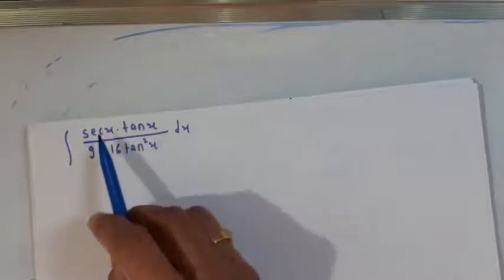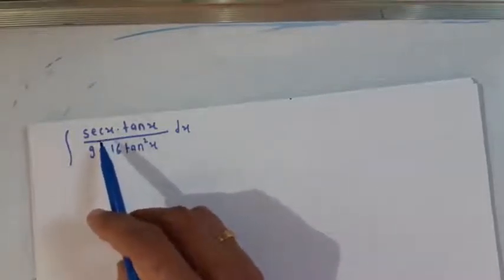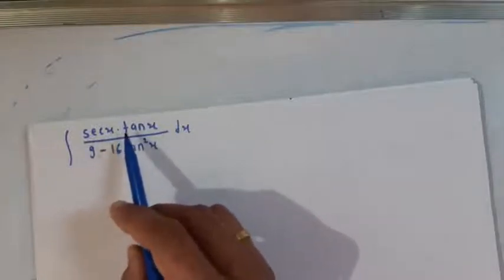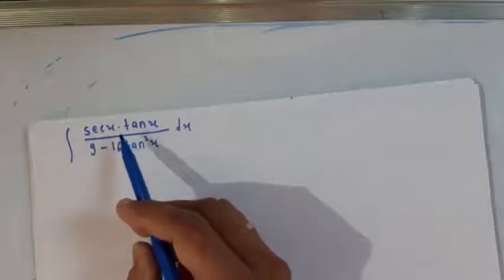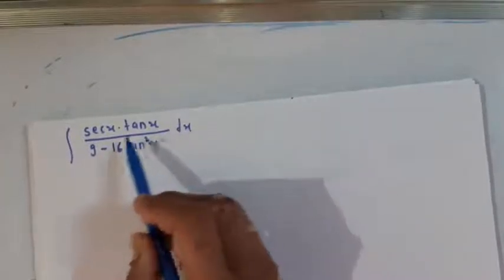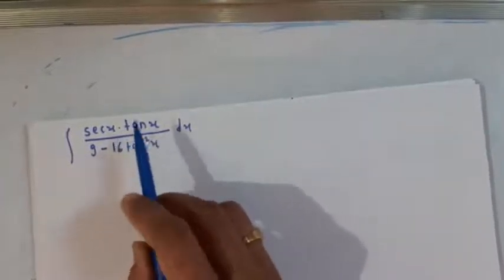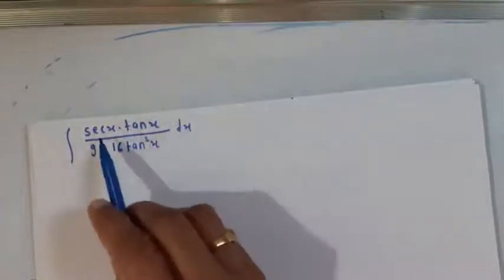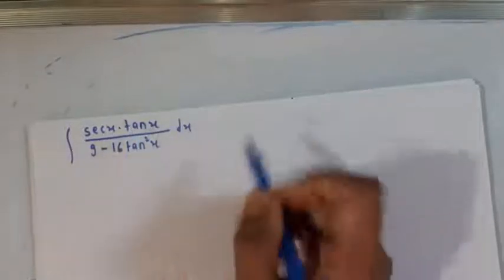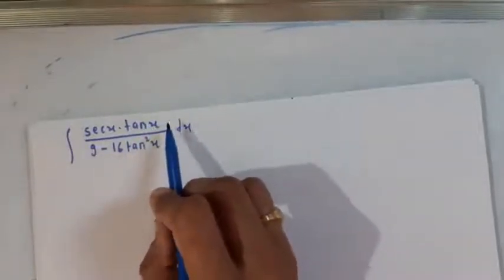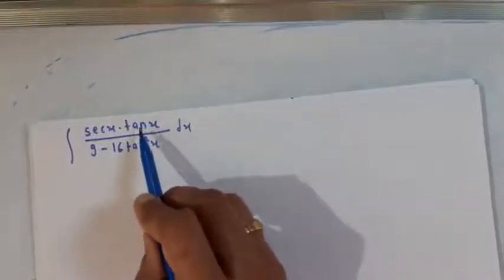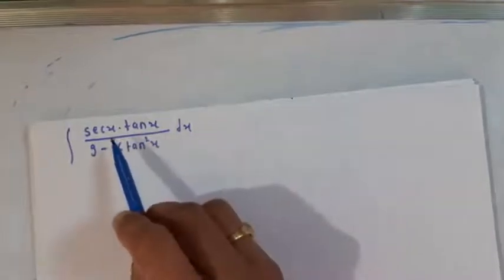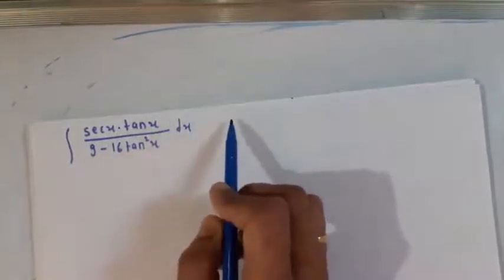So students, if we have to solve the problem, first let us see at the numerator there is sec x into tan x, and you know that sec x into tan x is the derivative of sec x. Hence from the numerator term we notice that the substitution may be sec x equal to t, then its differentiation will be sec x tan x dx equal to dt.